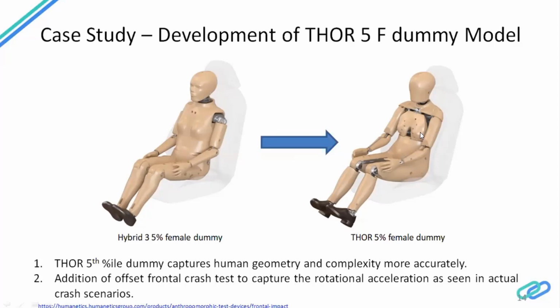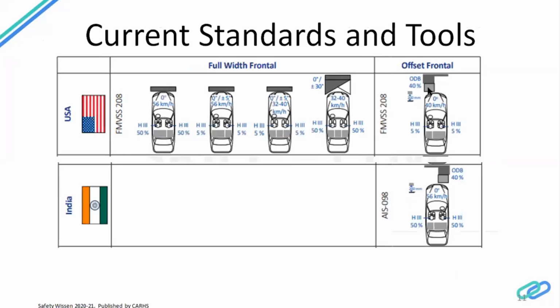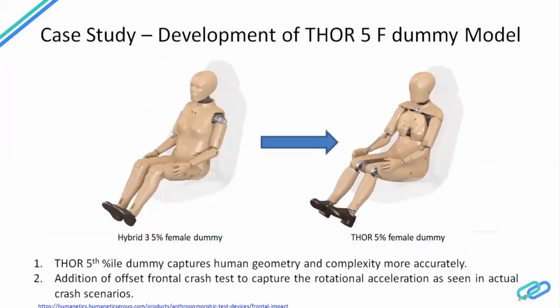Also, the rib cage is more accurately represented, and also they have added the offset frontal crash test that we just discussed, which will add a lot of angular acceleration. So you need a dummy who can be used to assess those kinds of angular accelerations. So that was one major upgrade. And how exactly it works, we'll talk about it.